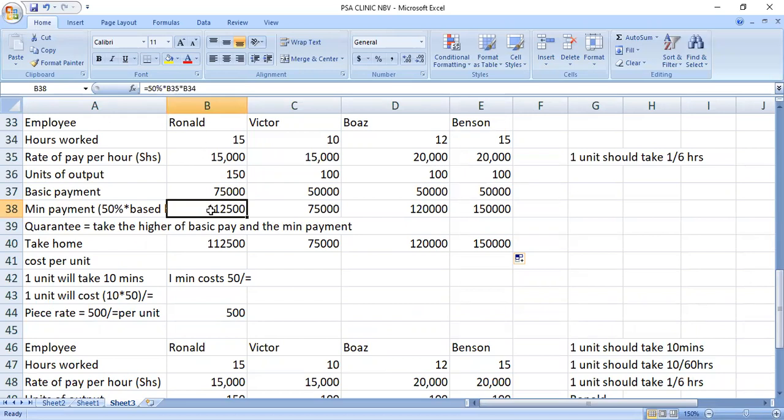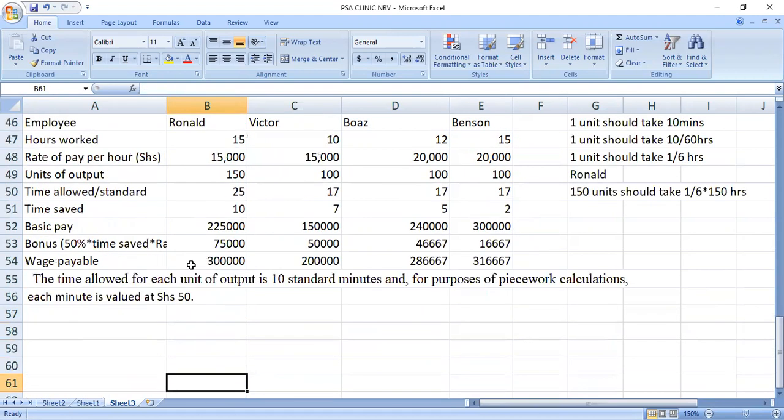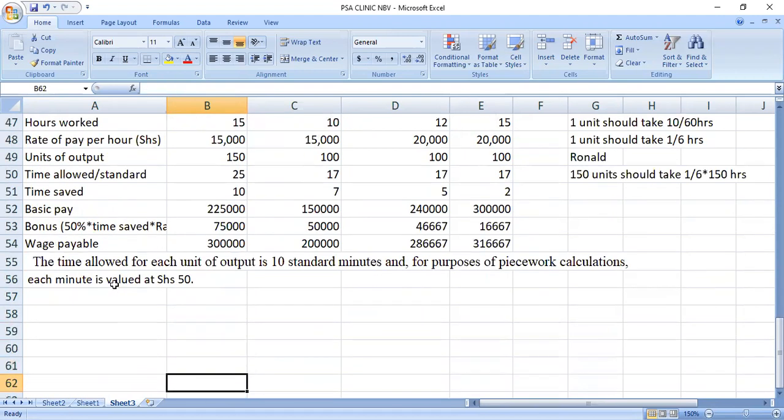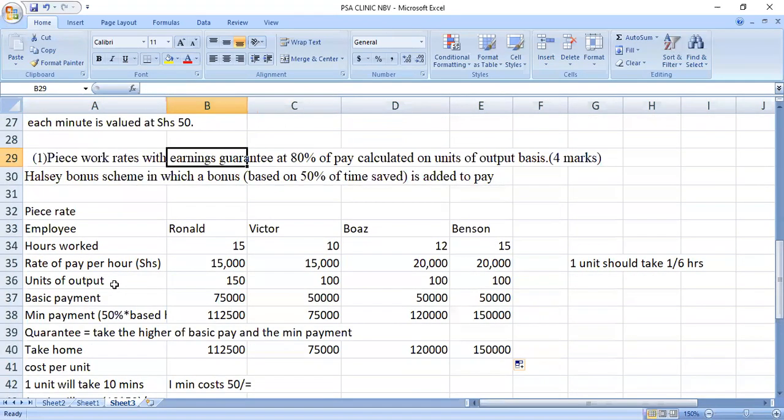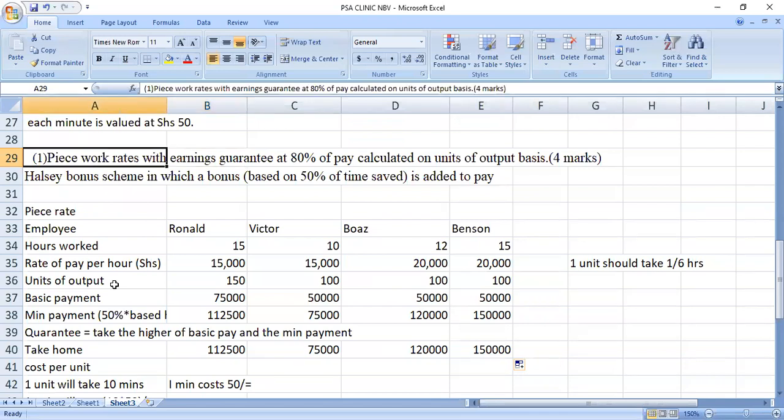But the previous question was saying it's 80% of the pay. Here: the piece work rate with earnings guarantee at 80% of pay, calculated on units of output basis.